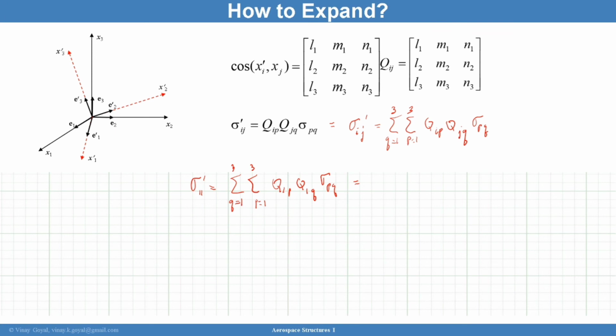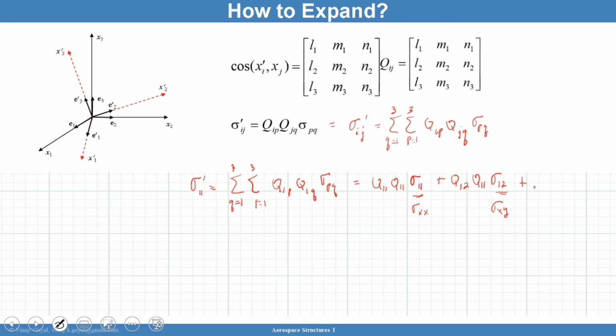For example, the first term will be Q11 times Q11 sigma 11, or we've been using the term sigma xx. It's the same thing. Plus Q12, Q11, sigma 12, and this is the same thing as sigma xy.